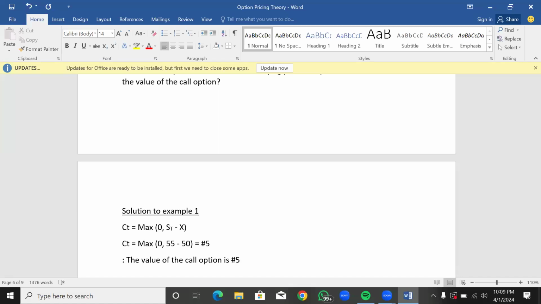This is the intrinsic value, please. There's a difference between the value of an option and the intrinsic value of an option. This is the intrinsic value of a call option.